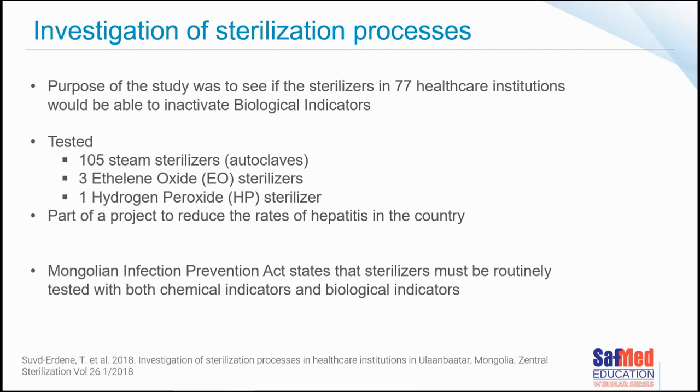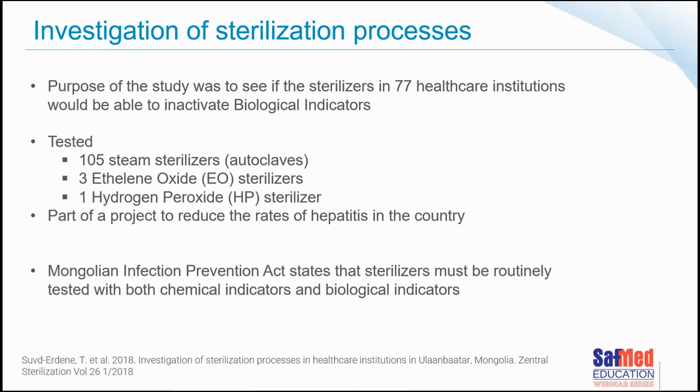So would the biological indicator pass or fail in these hospital settings? So they tested 105 steam sterilizers, 3 ethylene oxide sterilizers, 1 hydrogen peroxide sterilizer. And all of this was part of their project because in the country they've got particularly high rates of hepatitis, and they were looking at how the surgical environment could be contributing to the high rates of hepatitis.